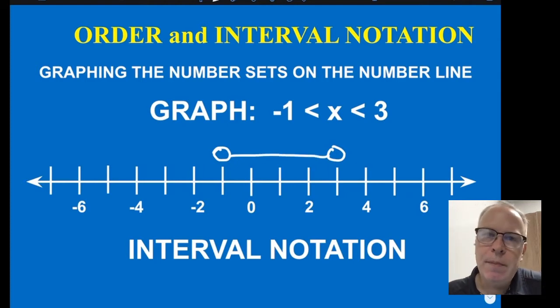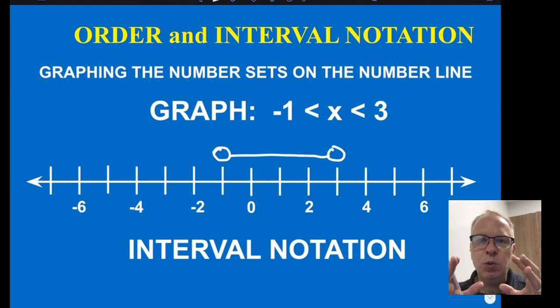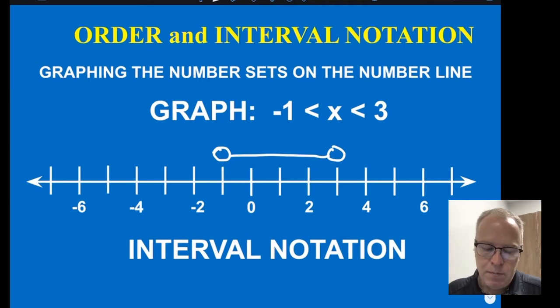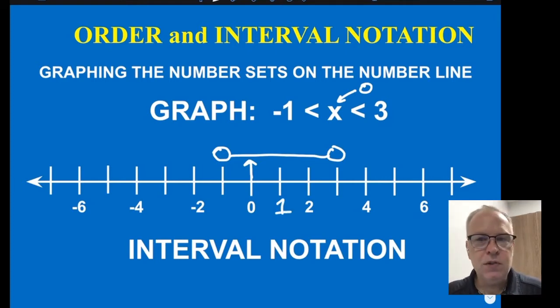I want you to remember that any graph is a visual representation of where all the winners are, where all the solutions are. For example, if I plugged 0 in for x, it would be a winner. It's right in this range, between -1 and 3. So is 1. So is 2. These are all winners. So this entire range is where all the winners are. So our picture represents that.